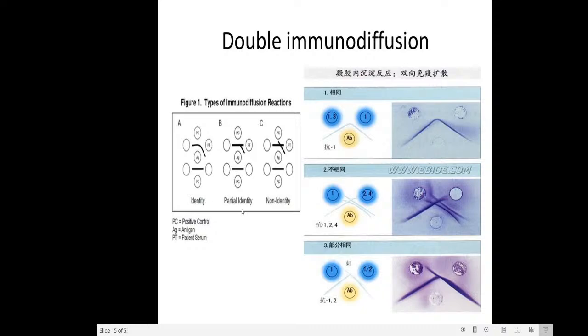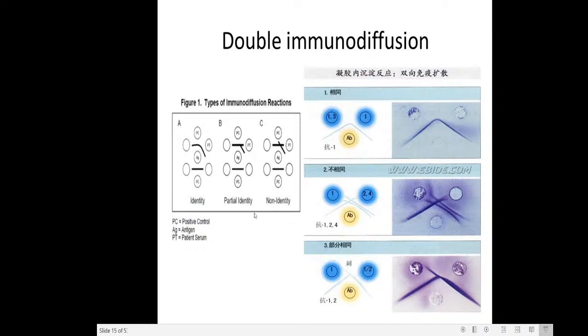Here are identity, partial identity and non-identity. PC means positive control. This positive control is the antigen and patient serum. Here they added the sample in the wells on the gel.